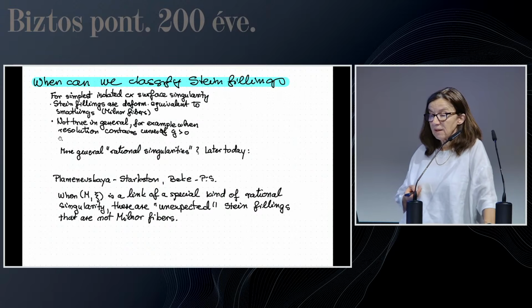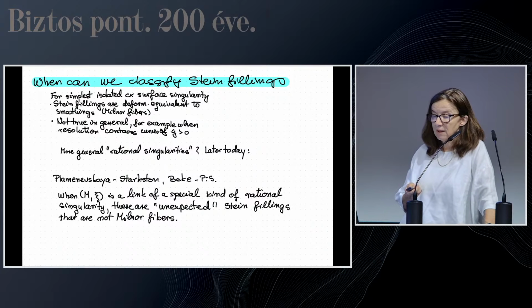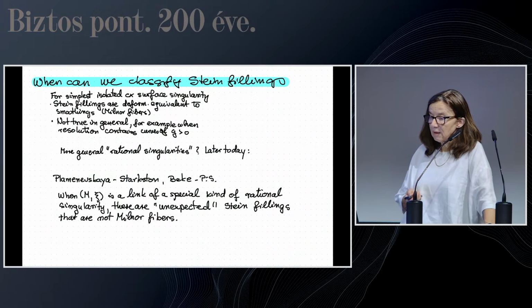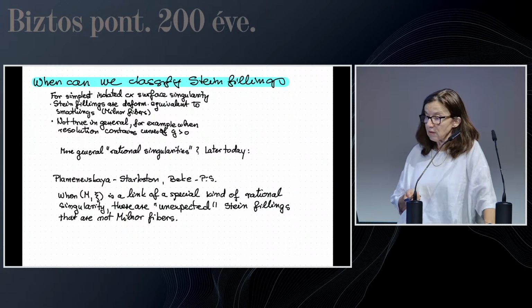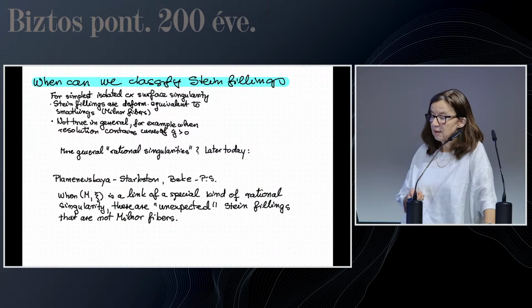This is not true in general, so there are a lot of classification results, due to Lisca and so on. However, it's not true in general that every Stein filling is deformation equivalent to a Milnor fiber.